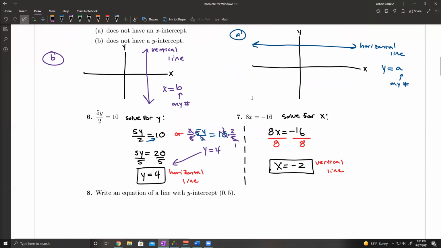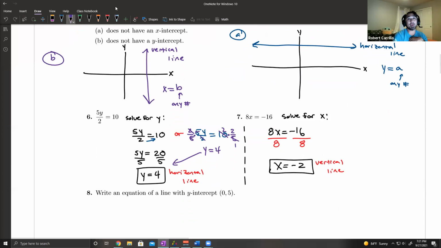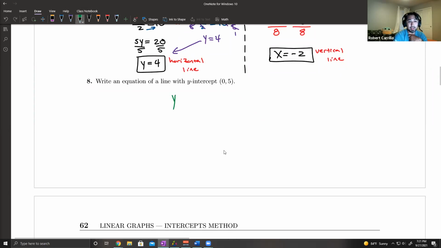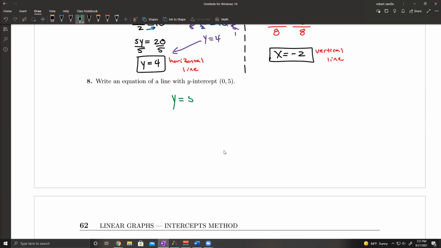Good, because horizontal lines cross the y-axis. And if you cross the y-axis, you have what intercept? Y-intercept. There you go. So this says write an equation of a line with a y-intercept at 5. So our equation is just going to be, guess what? y equals what number? 5. That's it.